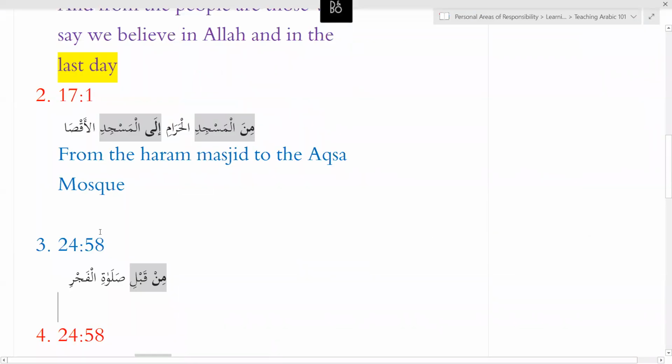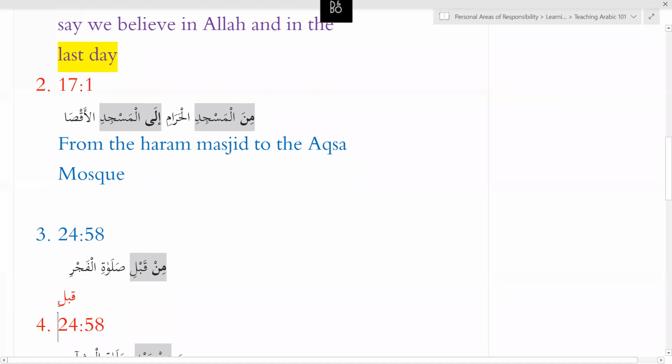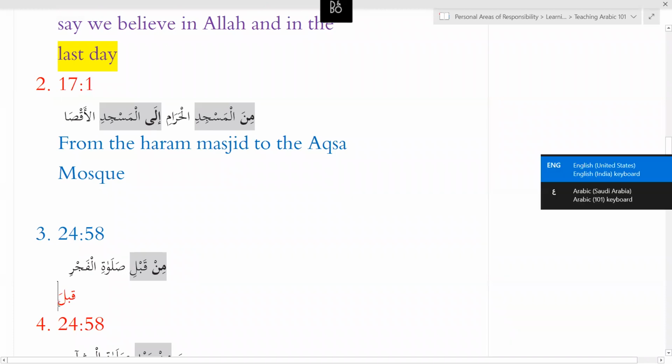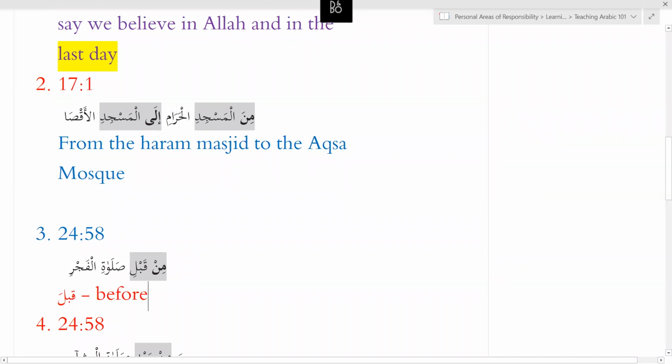Wayakum. Coming to the third question, again you, Zahan: min qabli salat al-fajri. Qabla means before. Go word by word.